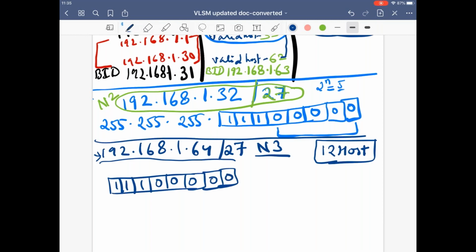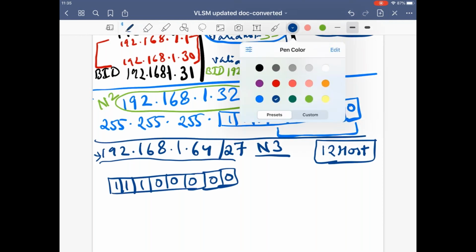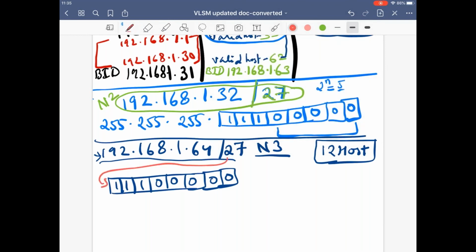We need 4 bits for host. 2 to the power 4 equals 16. So we need 4 host bits. So here the subnet mask will change, right? The last number.